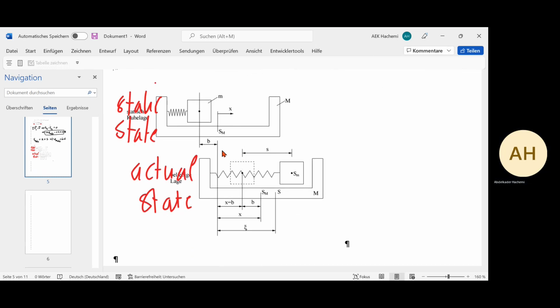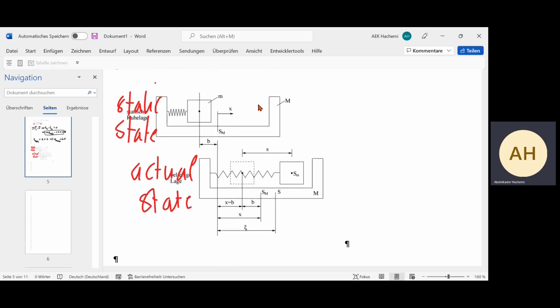That means we imagine the position of the gravity center of the whole system, the mass m and the mass of the wagon, capital letter M. We take this position x of the gravity center, and now we imagine there is a distance b between the mass m and the gravity center, or let's say the center of mass.